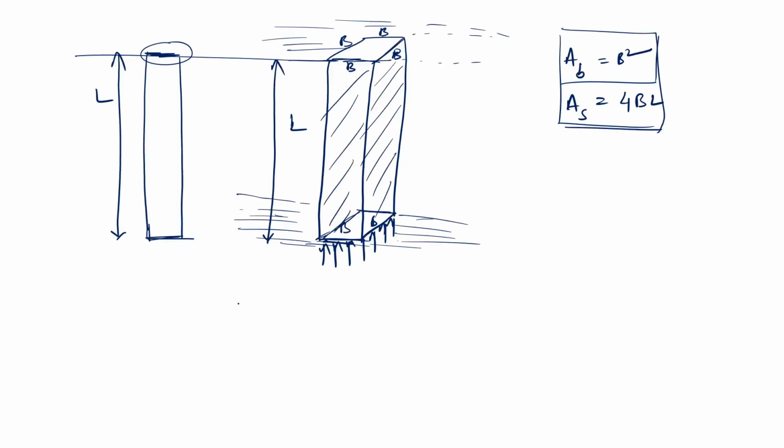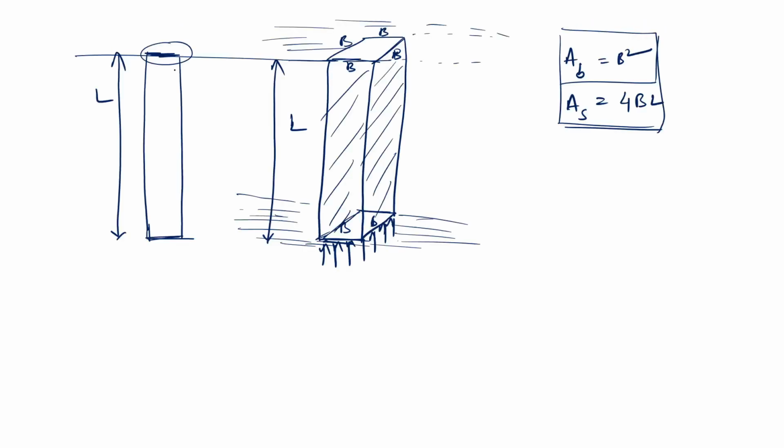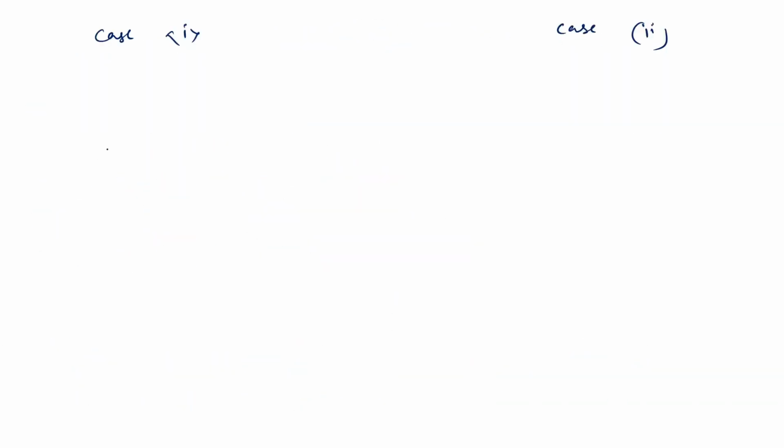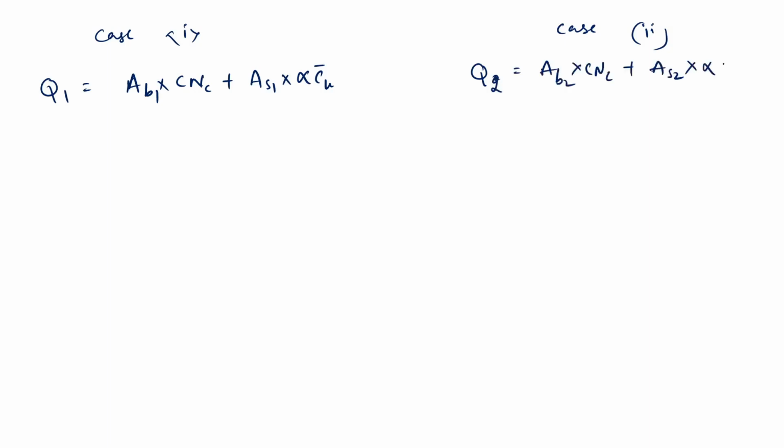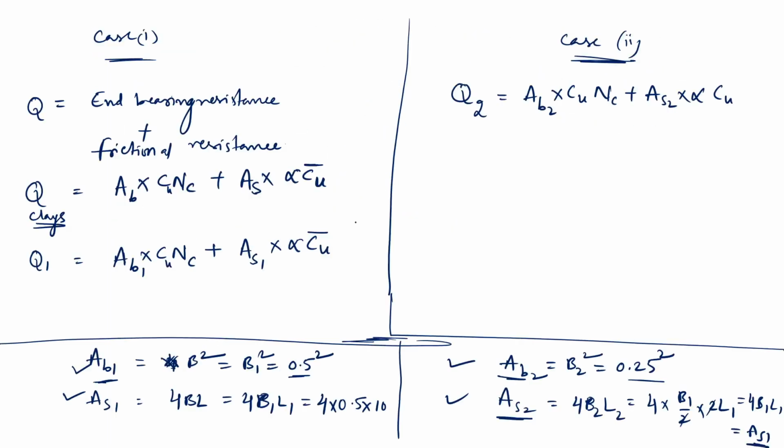So I'll write again, case 1, case 2. Okay, in case 1, I'll rewrite: Q1 equal to AB1 into CNC plus AS1 into alpha Cu bar. And this one, Q2 equal to AB2 into CNC plus AS2 into alpha Cu bar, right?